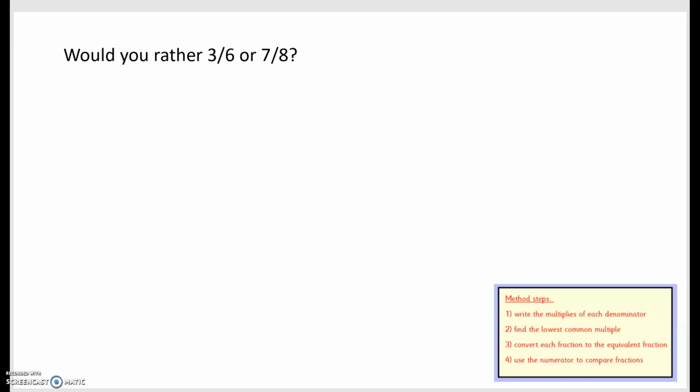Okay, so looking down here at my method steps, the first thing I'm going to do is write the multiples of each denominator. So 6, 12, 18, 24, 30, 36, 42.